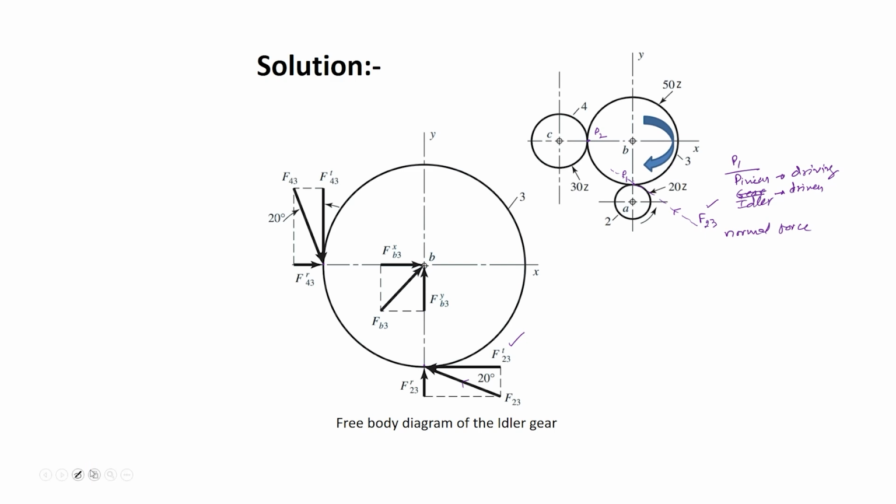But for the case of P2, your idler will become the driving member and the gear is the driven member.